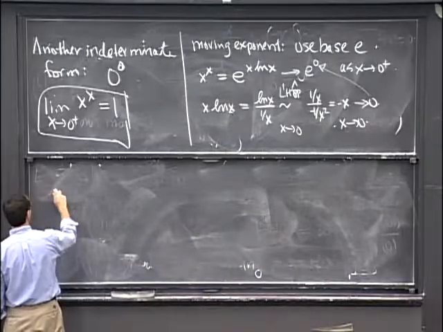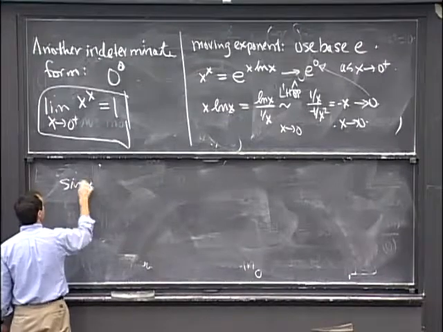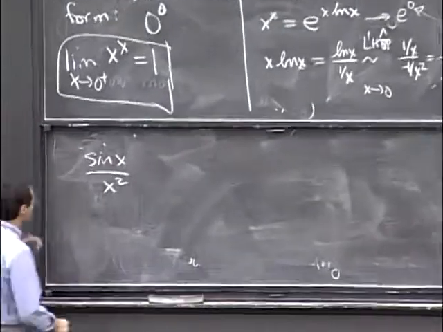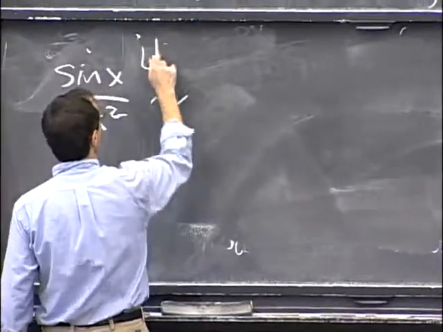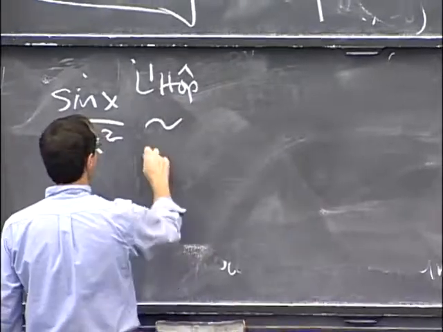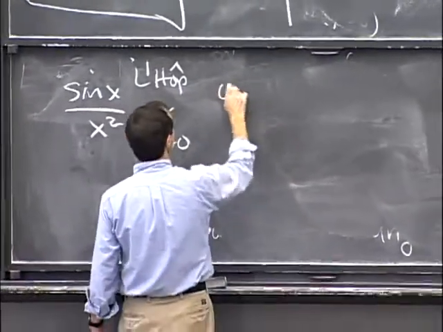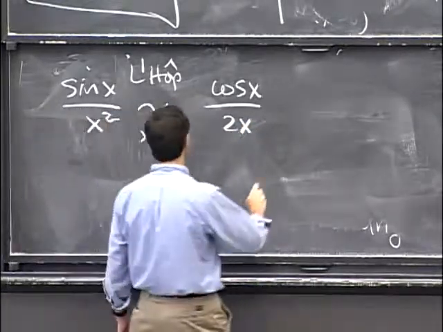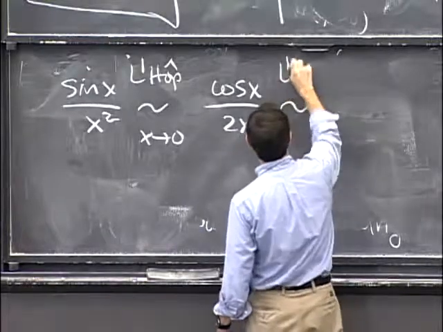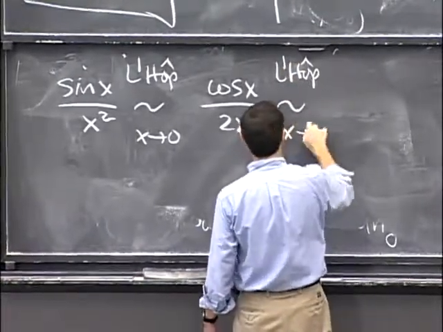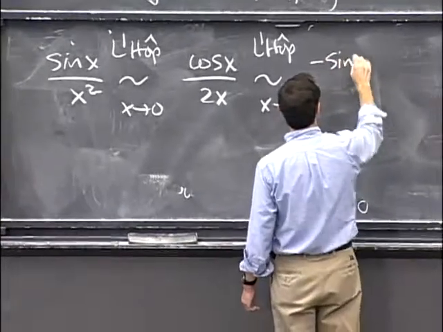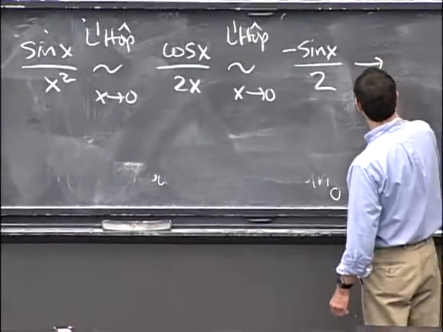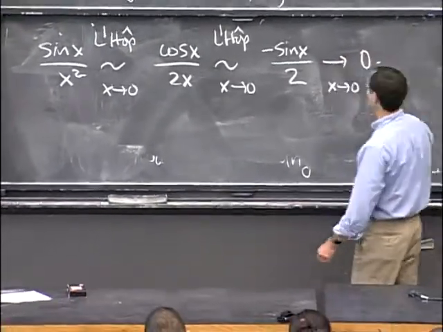Suppose you're trying to understand the limit of sine x over x squared. If you apply L'Hopital's rule, as x goes to 0, you're going to get cosine x over 2x. And if you apply L'Hopital's rule again, as x goes to 0, you're going to get minus sine x over 2. And this, as x goes to 0, goes to 0.